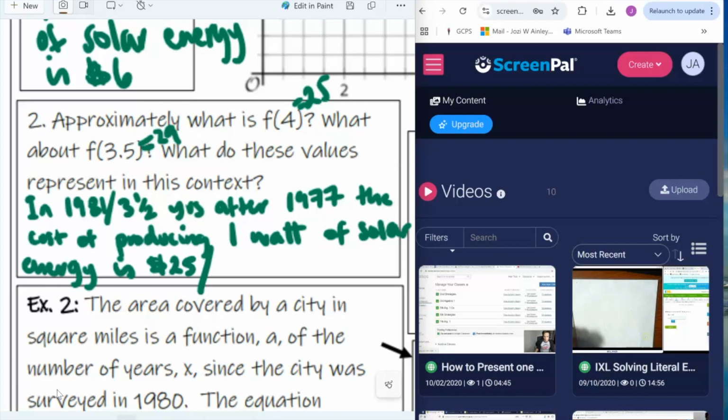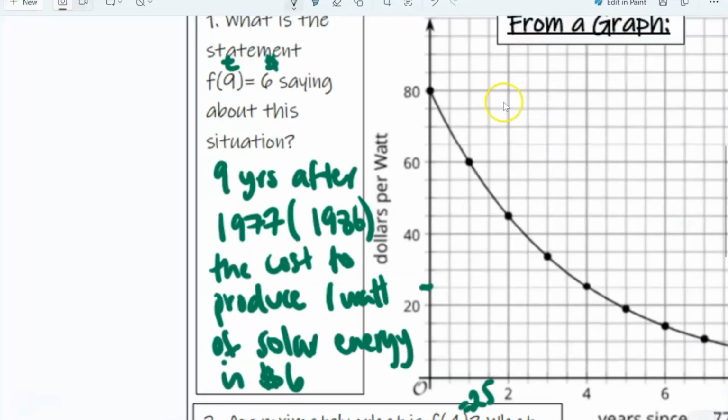And in this question, this one was about $29. Okay, so that's what it means in the context of the problem.